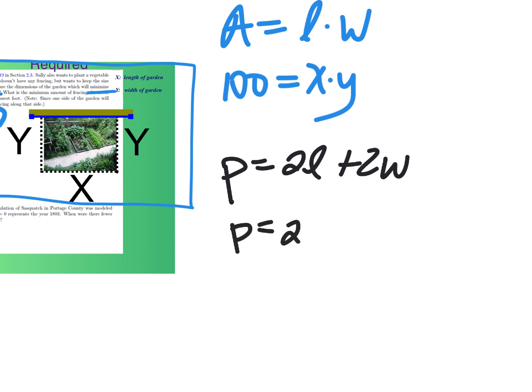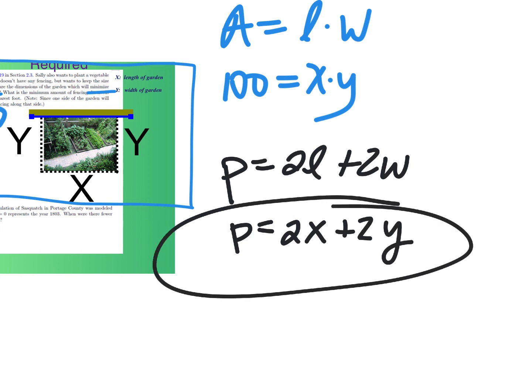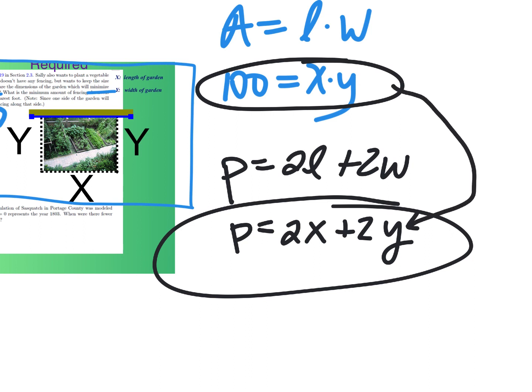Perimeter is 2, and instead of length, I want to put x, plus 2, instead of w, I want to put y. And that's neat, Mr. Server, but you can't graph that because it's got 3 variables. So what do? You solve this one for y, and then you can put it right there, and you'll only have 2 variables, so you can graph it. I would recommend you change. There's only one x. This perimeter can be changed to a y. And, oh, you're right. There's only one x, not 2 x's. Good call. All right, so there's a start of that problem.